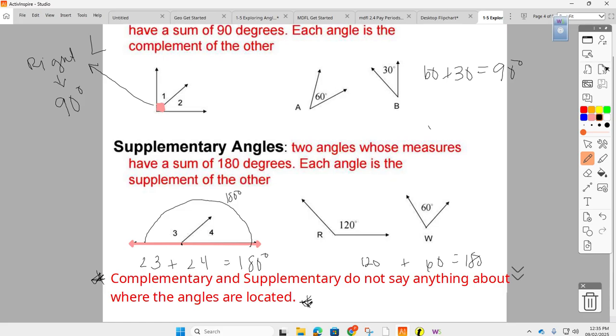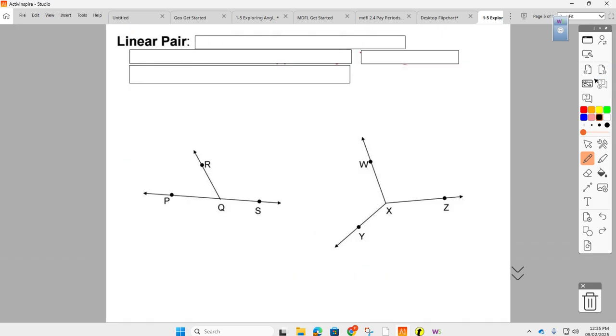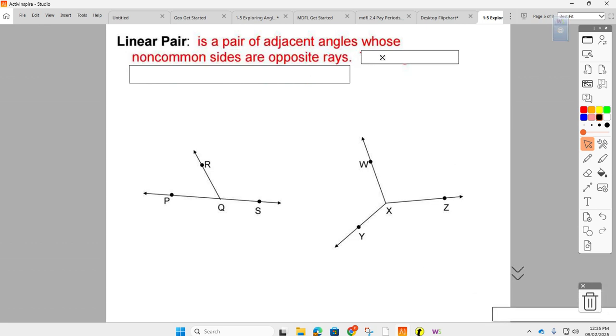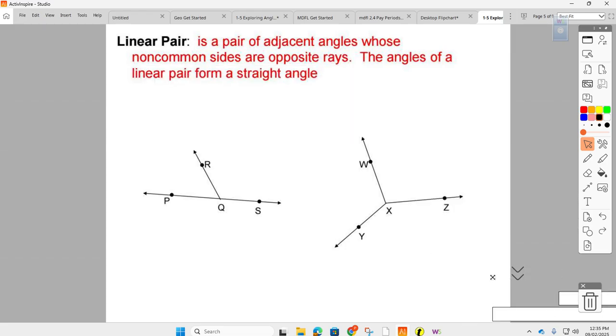Okay. A linear pair. A linear pair is basically a special kind of supplementary angle. The linear pair is a supplementary angle, but its pair of angles have to be adjacent.